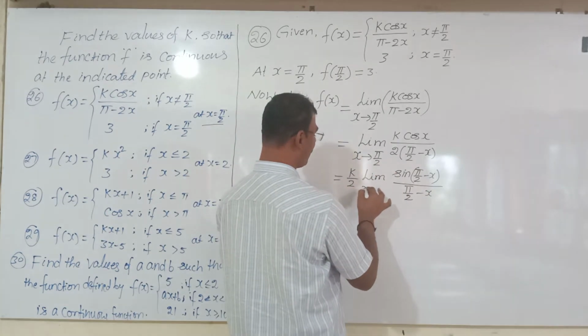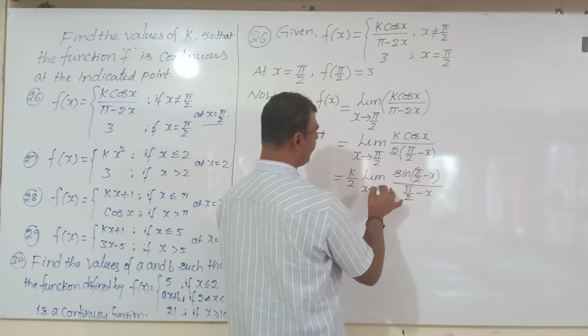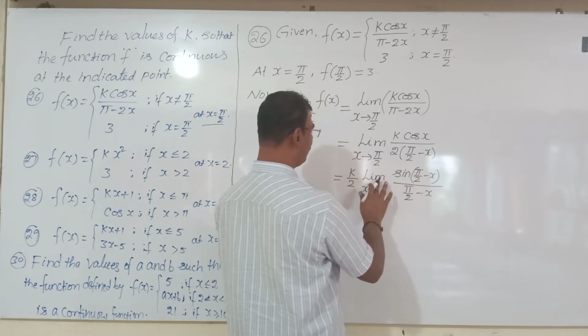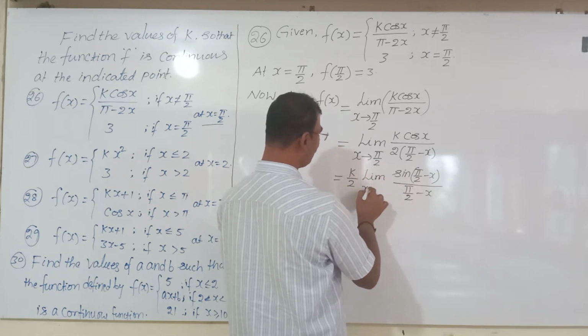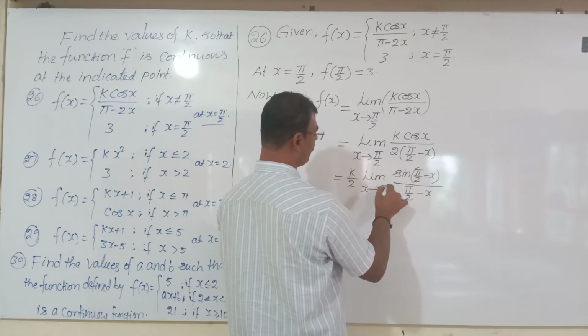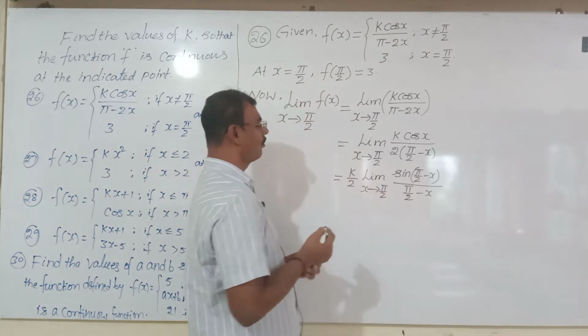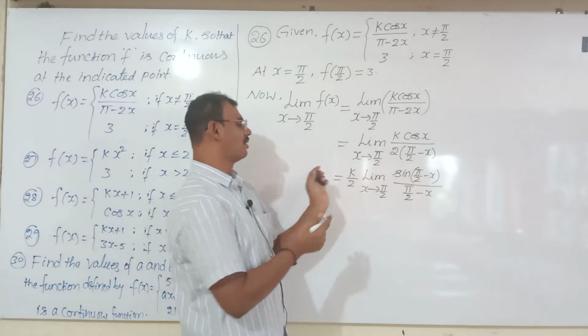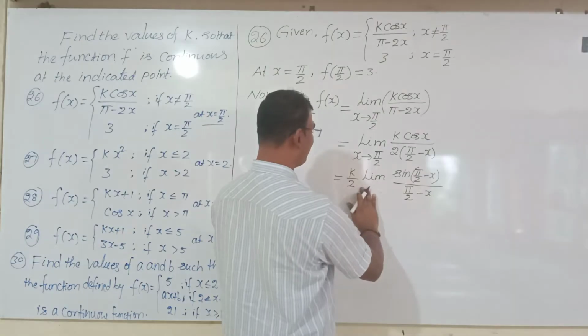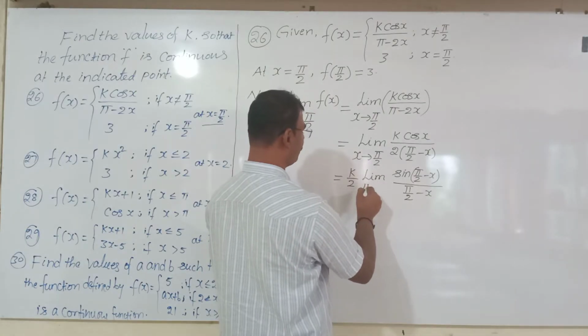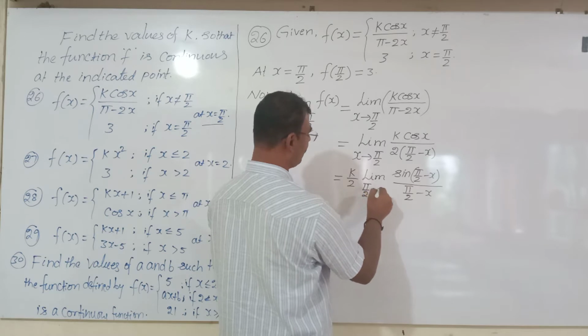This is also, I can write, x minus pi by 2 or pi by 2 minus x, as x approaches pi by 2. So this we can also write as pi by 2 minus x approaches 0. I can change like this.